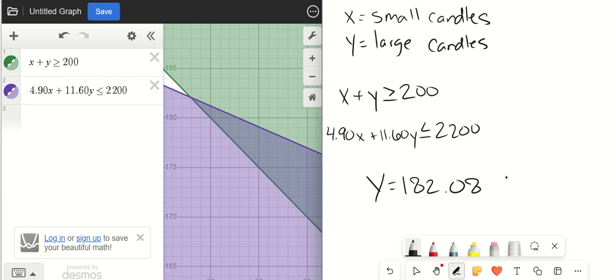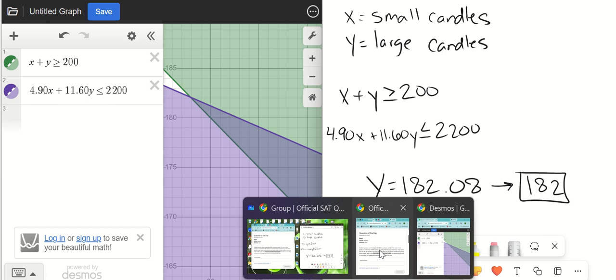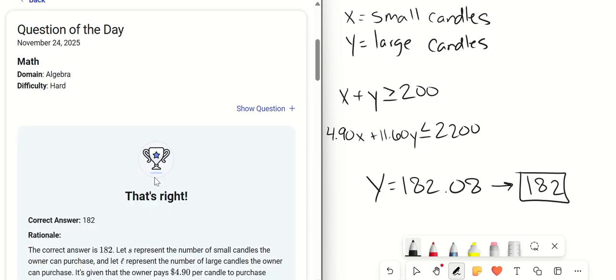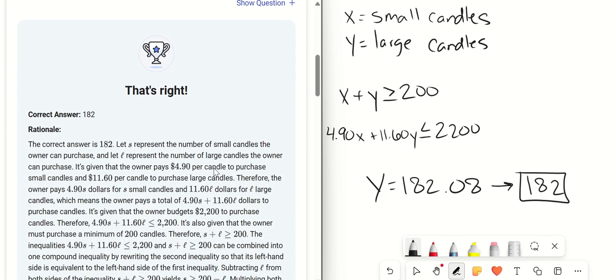Well, if this is the max, he can't purchase anything more than that, which means we have to round down. So the maximum number of large candles is going to be 182. So let's go back and see if 182 is the correct answer, and it is.